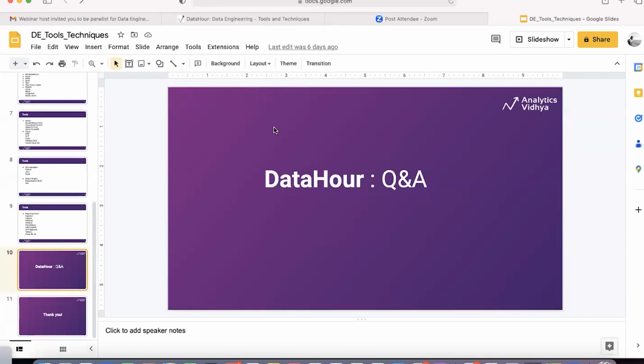Next is, could you please tell us something about Apache NiFi and Airflow? So I think we already talked about Airflow here, right? Apache NiFi is quite similar to this, where it is talking about the ingestion part of things. NiFi is your UI based tool, which is just making your life easier. It's just simplifying things.